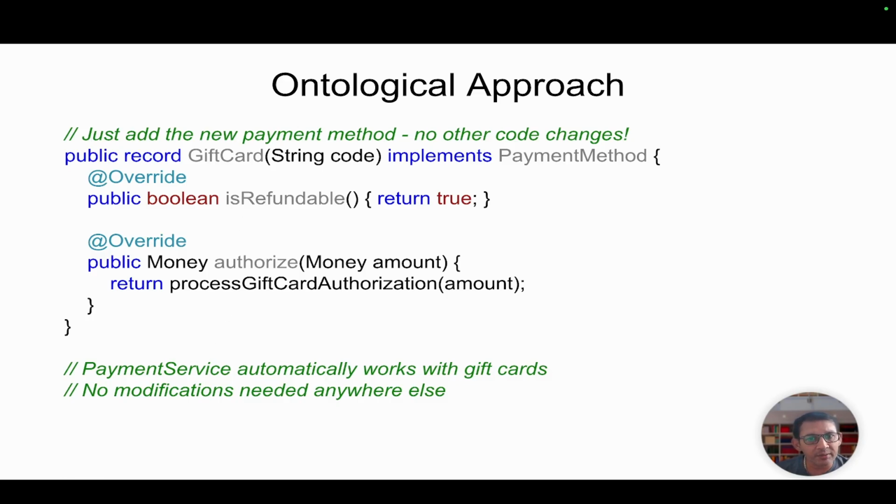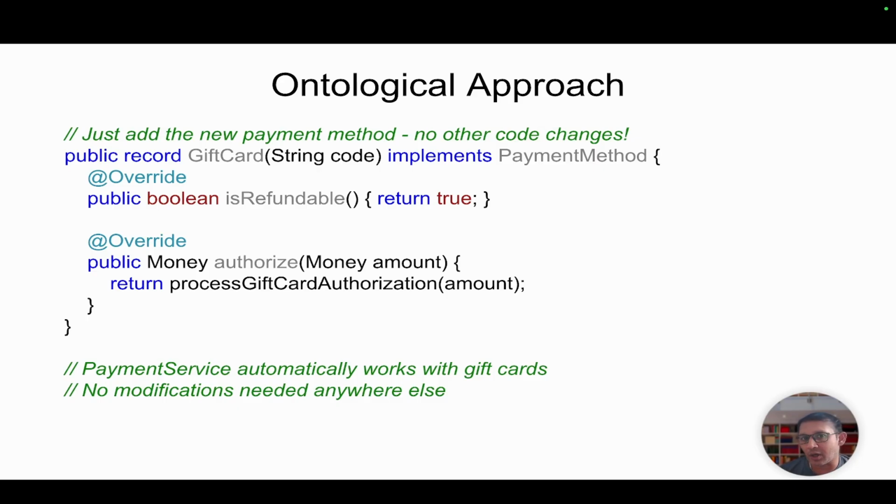It captures by deducting from the balance. And yes, gift cards can typically be refunded by adding money back to the card. Your existing payment service doesn't need to change at all. It already knows how to work with any payment method that follows the established pattern. The abstraction you created absorbs the new requirement completely.